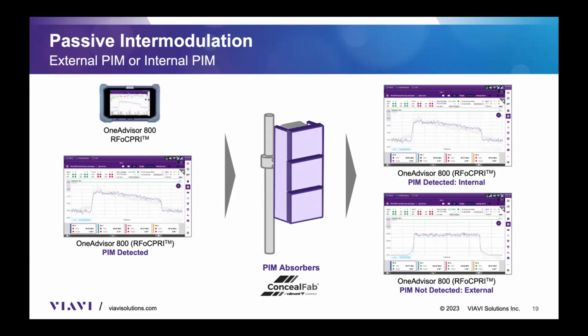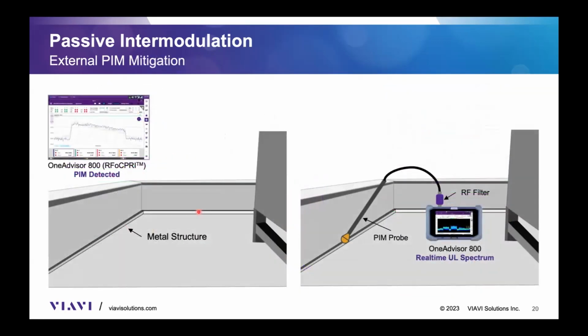Very good. Now, let's take this example and say that it is an external PIM. So here we have a rooftop, and in this example, I'm just pointing to a metal structure that we have. Typically, those are prone to generate PIM products. So we just go with a PIM probe from Concealed Fab, have a filter in it, and then use our analyzer to detect any rise on my uplink frequency.